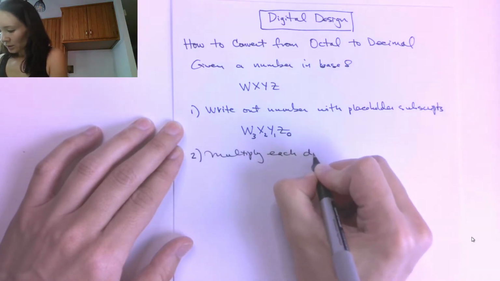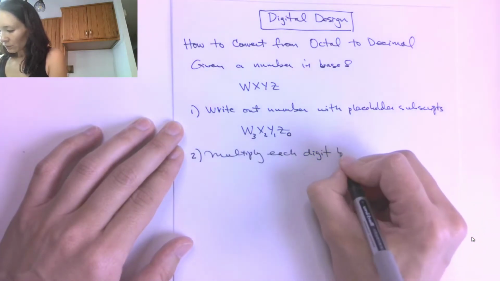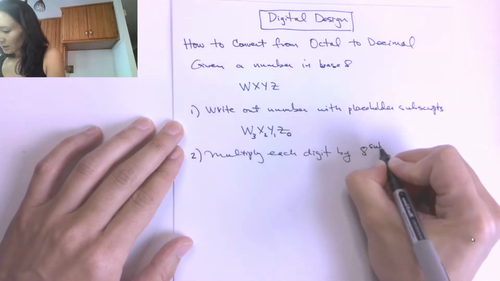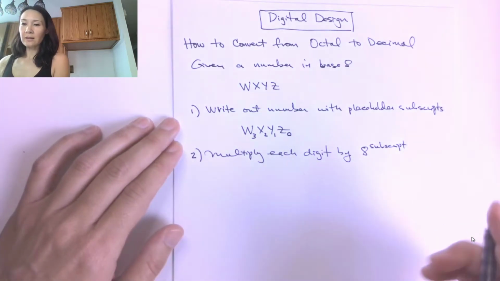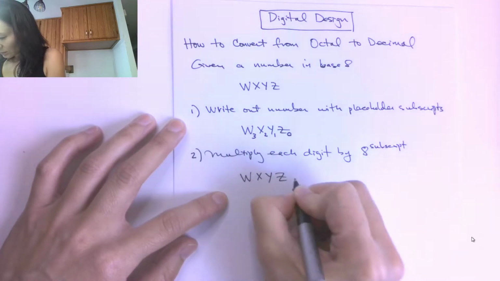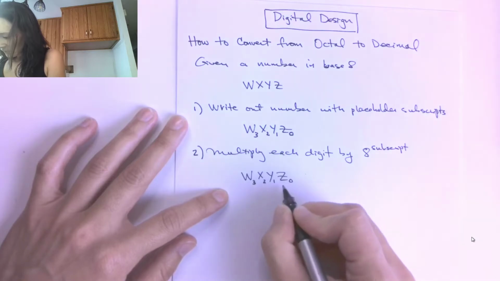each digit, so the Z, Y, X, and the W, by 8 raised to whatever subscript is on that digit. So it looks like this. Here's our general number. Here are our subscripts. I'm going to take the digit.